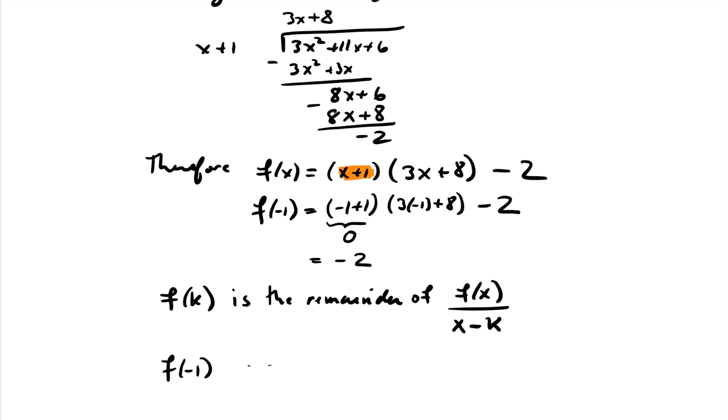F of minus 1 is the remainder of our function f of x divided by x minus minus 1, in other words, x plus 1. But that's true not just for x plus 1; I could have chosen any divisor of the form x minus k, and I would have reached the same conclusion. F of k would have been the remainder of that division. Okay, so we're going to frame that.